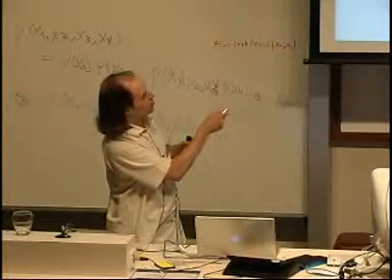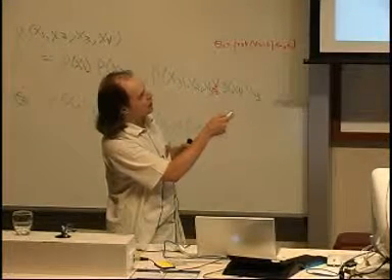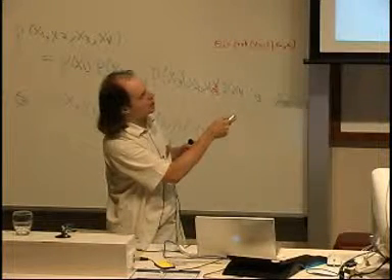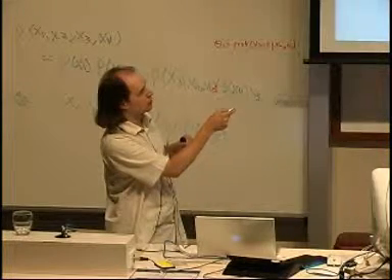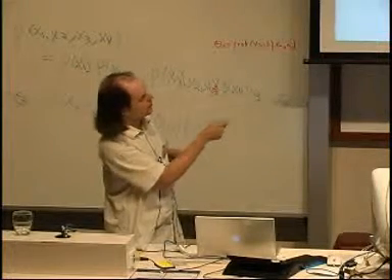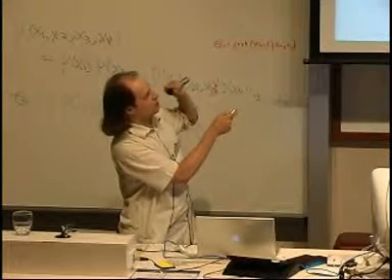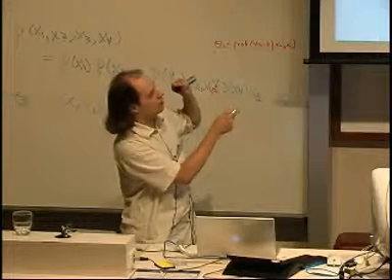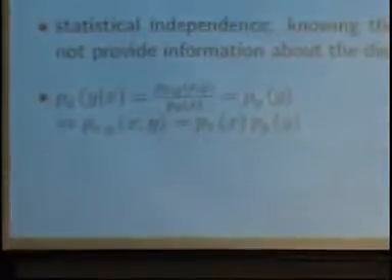So the conditional probability of y given x is defined by the joint probability density divided by the probability density of x for these given values of x and y. So if we say that x doesn't give any information about y, then it means that the conditional density should be equal to the original density of y.